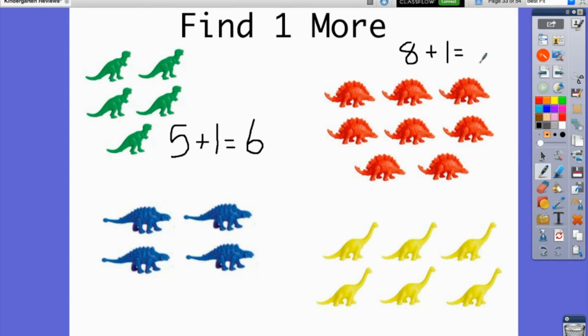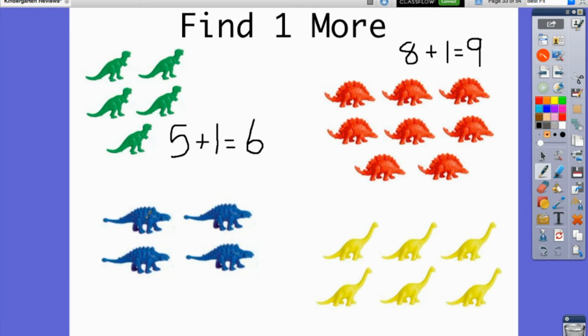Now, if we're going to add one more, put up one more finger. How many fingers do we have now? That's right. 8 plus 1 equals 9. So if you know that one more than 8 is 9, then you know that 8 plus 1 is 9.